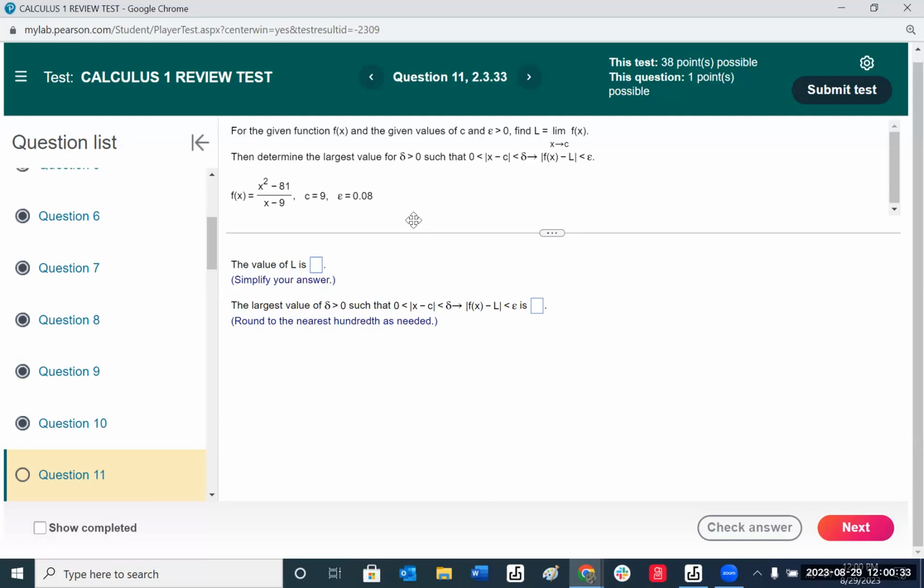Ooh, this is an epsilon delta proof. We'll pick up from here next time then. Because now comes the long, hard, drawn out ones. With these, we have to set up the equation.